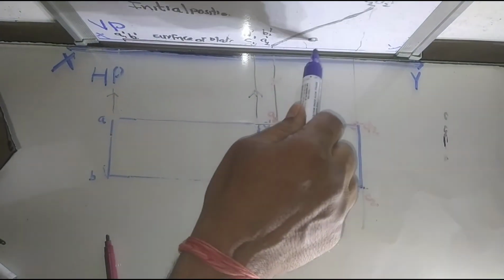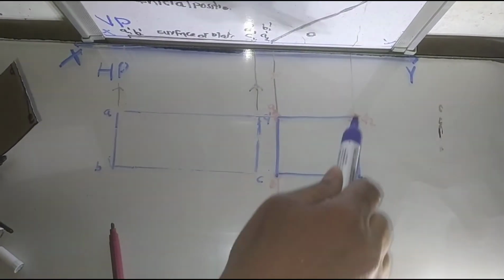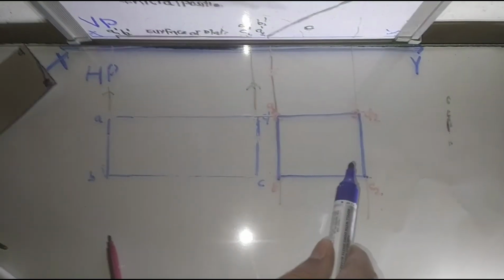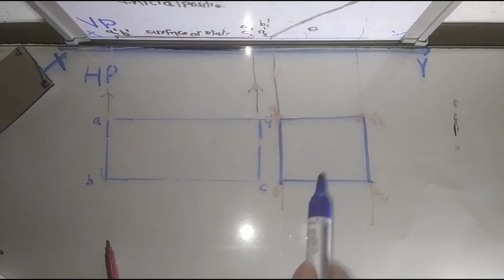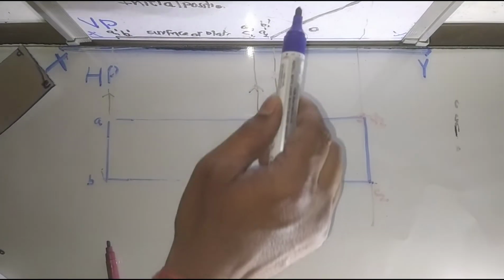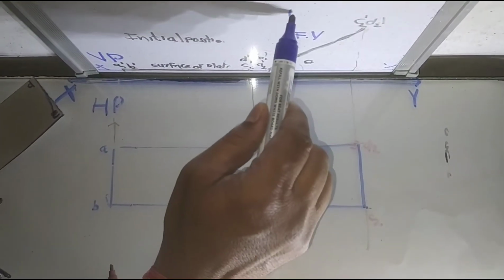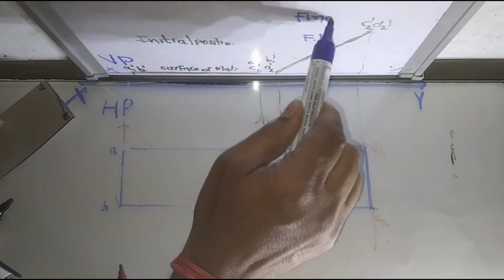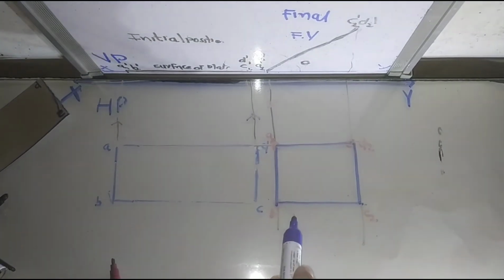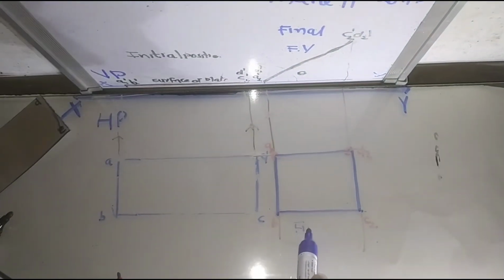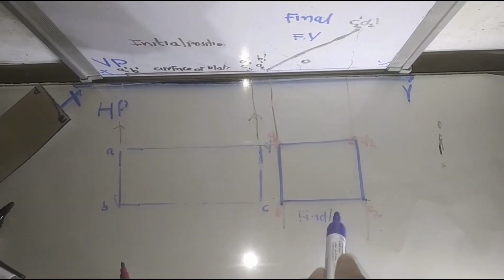Then we transfer geometrically the same length here, and we obtain the inclined plate length in the second final stage. This is the final front view, and this is the final top view.